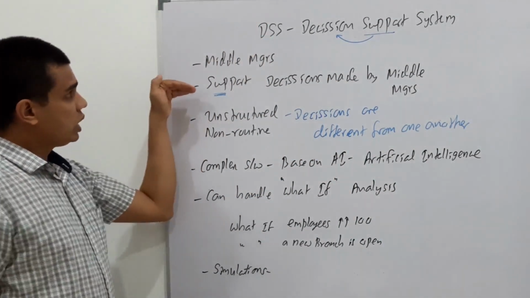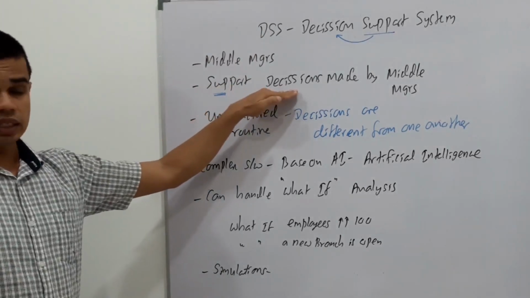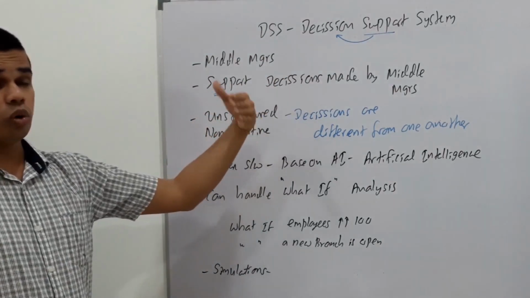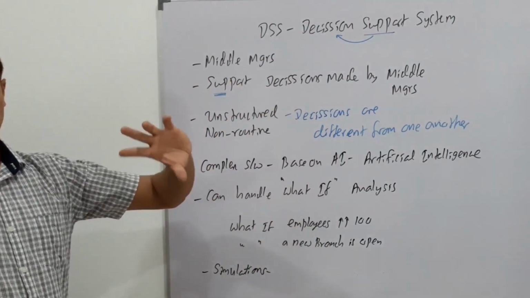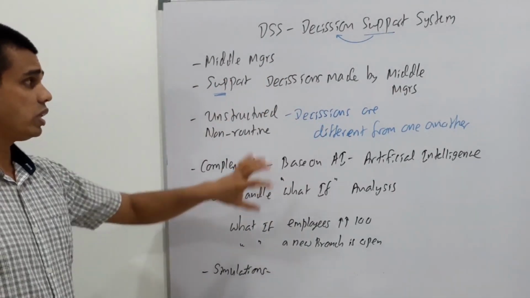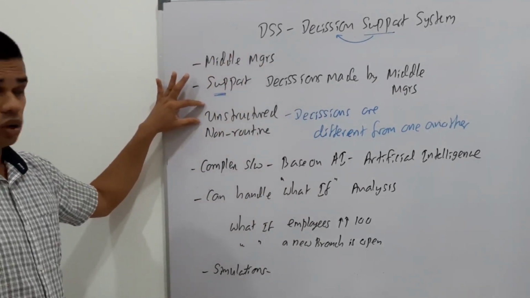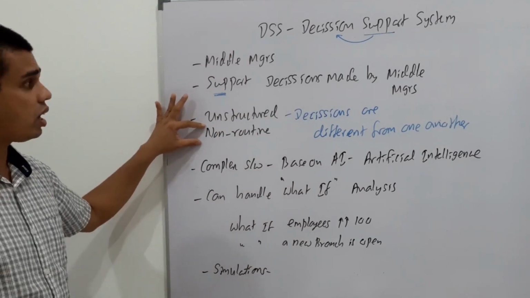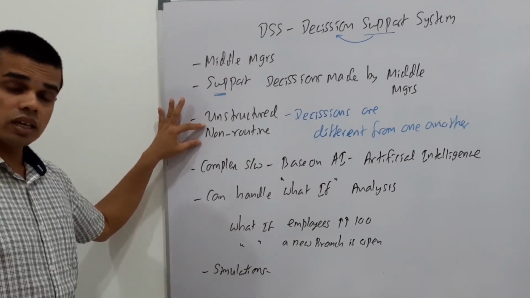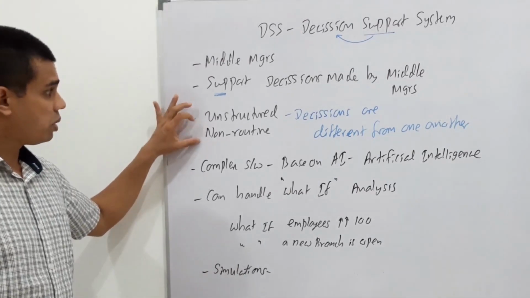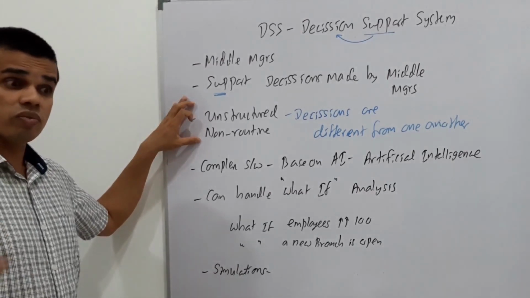Regarding the decisions we make, the decisions change from time to time, as we said earlier: to open new branches, to improve, to increase the staff. So they may be different. Therefore, the DSS is handling unstructured or non-routine data, unlike the MIS. Earlier, MIS was handling routine data. They are structured. But now the decisions are different from time to time.